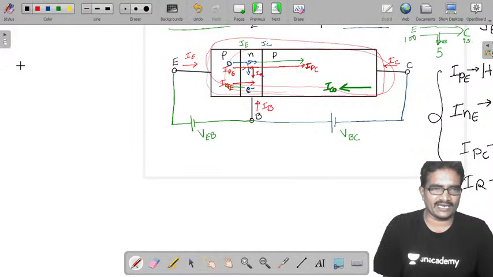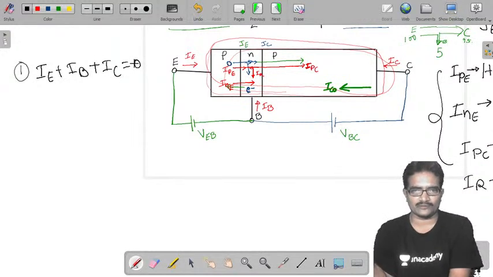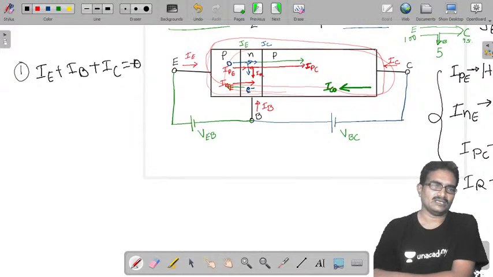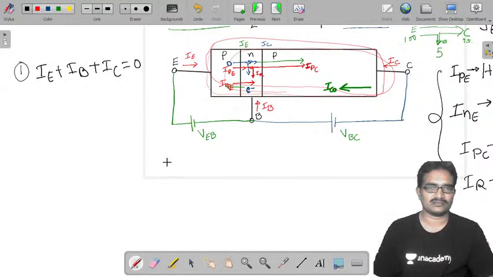So we can write the first equation: IE plus IB plus IC equals 0, because three currents are entering the node. Emitter current plus base current plus collector current, the sum of these three currents is 0. Okay, IE plus IB plus IC equals 0. Next one.